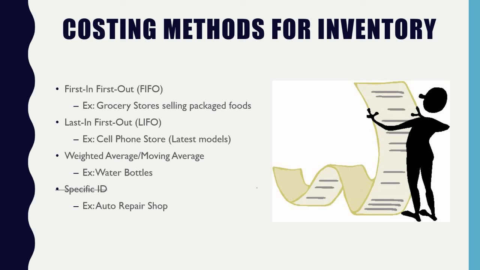So for example, candles, all those things. Sometimes they'll put the newer packages in the front versus all the older stuff in the back. So I guess that could be an example of LIFO, which is last in, first out. Okay. So again, the last batch that you purchase is going to be the first batch that you sell.